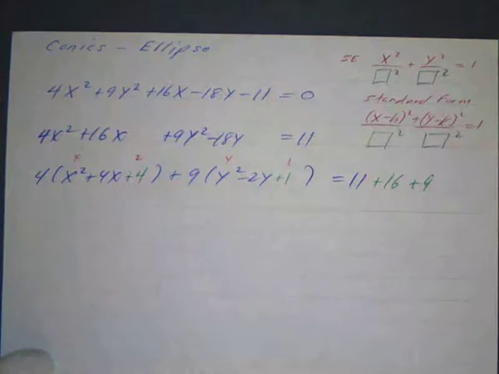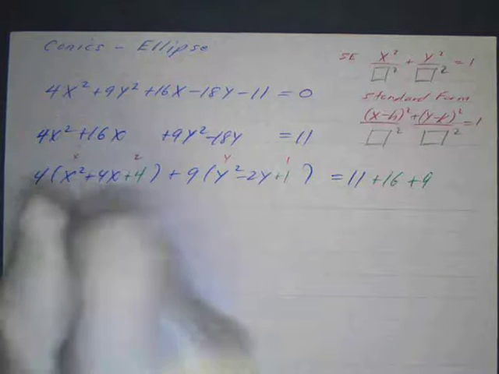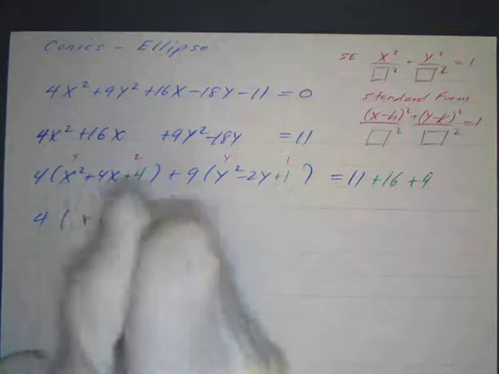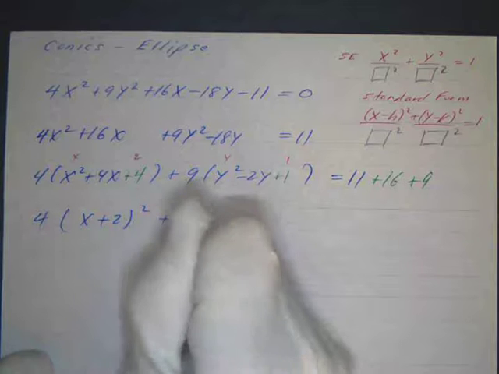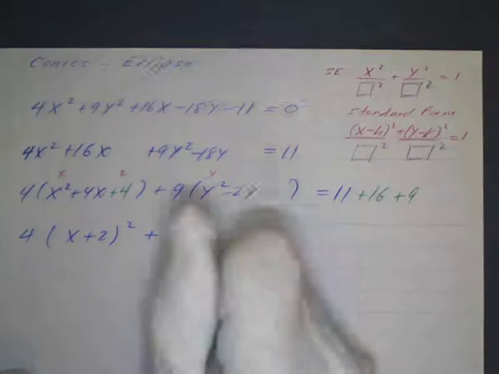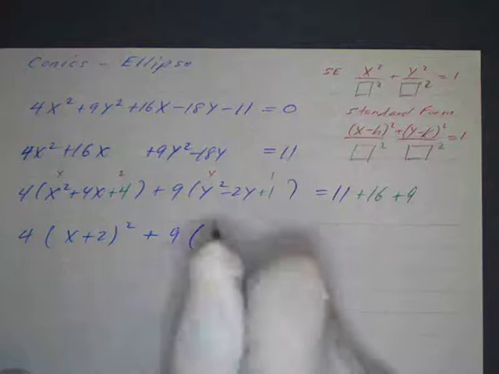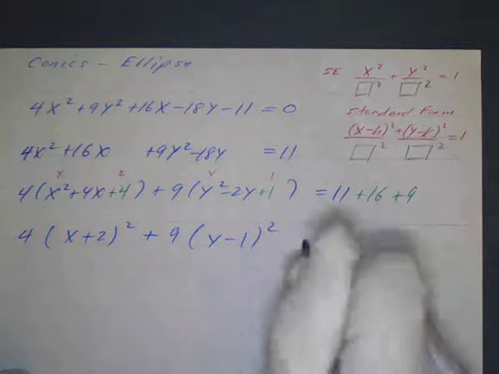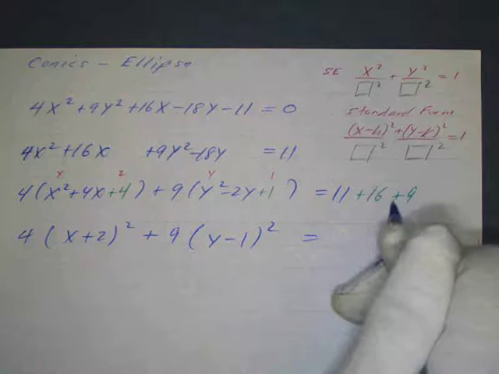Okay, and now we can factor this trinomial square, so it's going to be x plus 2 squared plus 9 times y minus 1 squared equals, that's going to be 36.